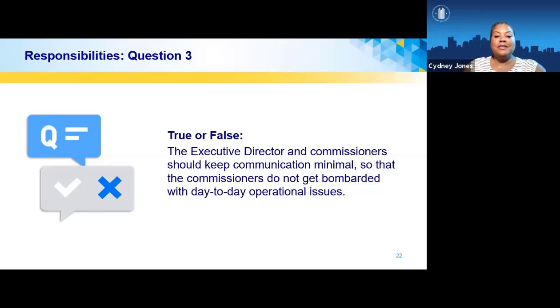All right, well, let's see what you came up with there. Hopefully you came up with false. Very good. You want to keep communication open and two-way communication flowing frequently and ongoing. So keep in mind, you want to make sure that communication stays open.